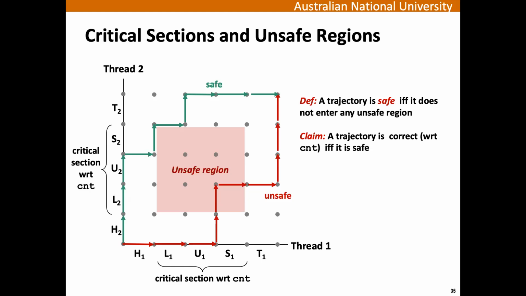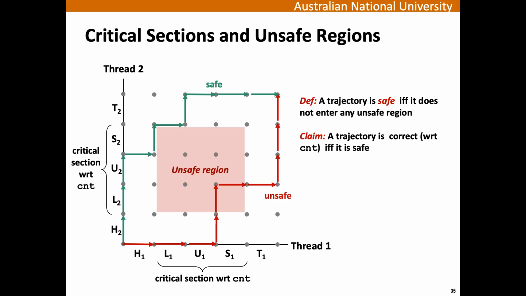But when you enter the unsafe region, there is a potential for incorrect execution. In fact, it would lead to incorrect execution. So the goal of writing correct concurrent programs is to enforce safe trajectories. Now, user programs are not in charge of scheduling decisions.